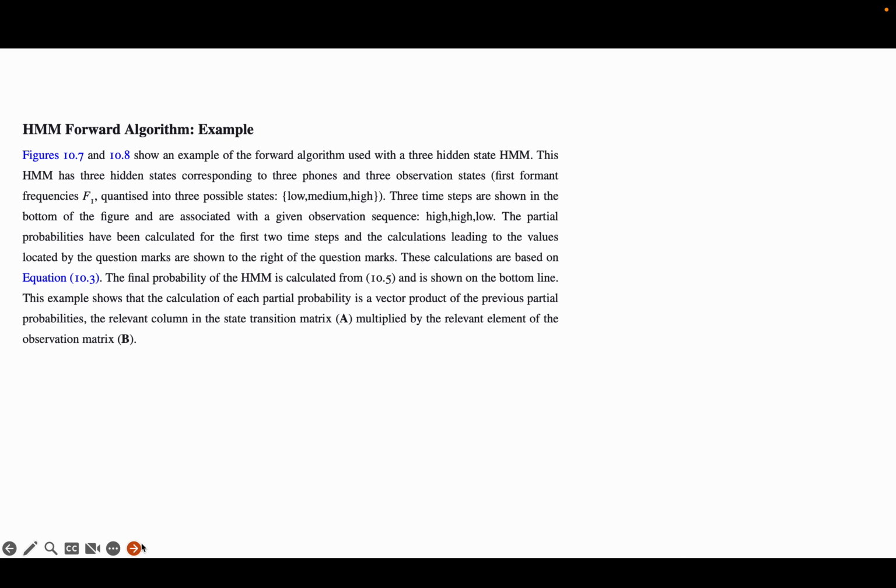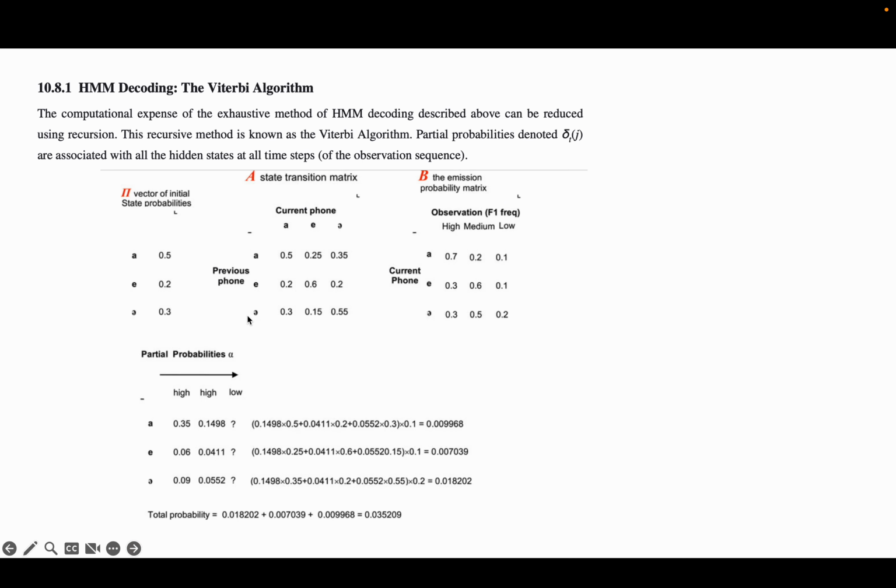So let's look at the figure instead of continuing to talk. Okay, so here is our vector of initial state probabilities. Here is our state transition matrix for different phones. This is A, E, and Ah. And then here's our observation, whether it's high, medium, or low, and what the probability is. If it's an A, it looks like there's a high probability that it's high. If it's an E, the higher probability is that it's medium.